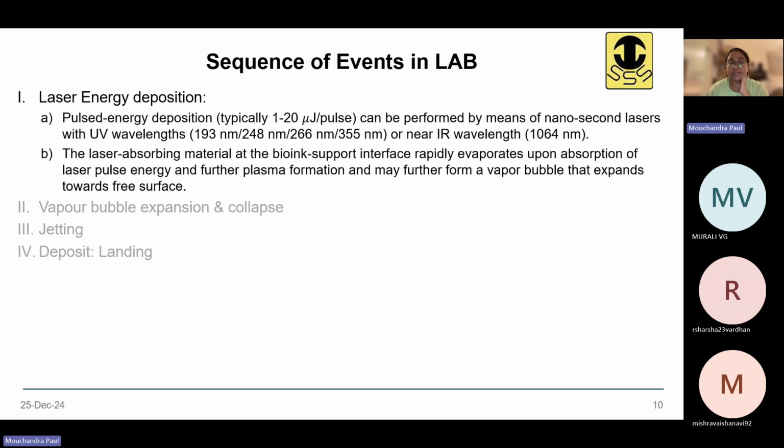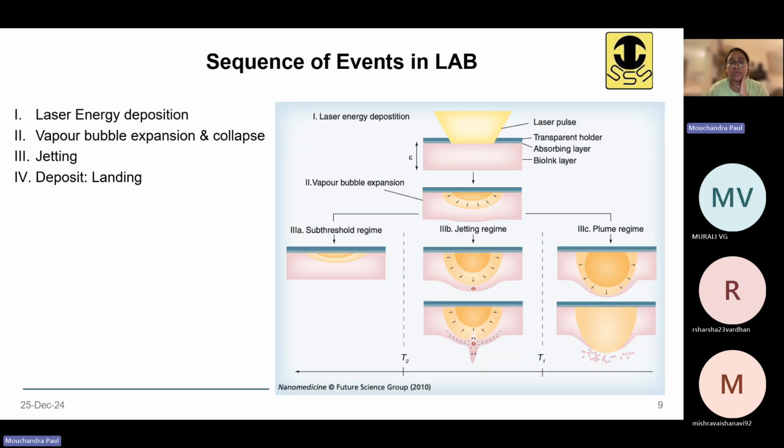You can see this in the diagram in steps 1 and 2. When a laser of certain energy falls, it passes through the transparent support, and the laser absorbing interlayer absorbs this laser energy. The molecules of this interlayer get evaporated, and there is plasma formation, and that basically forms a vapor bubble.